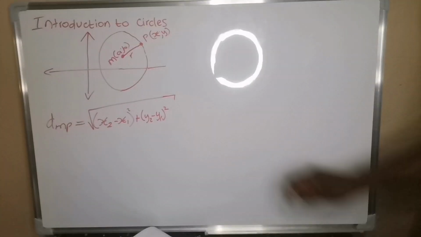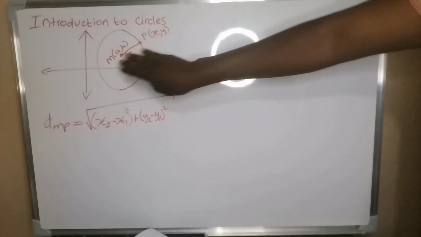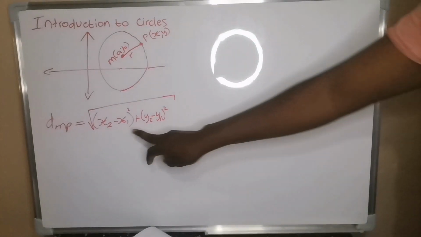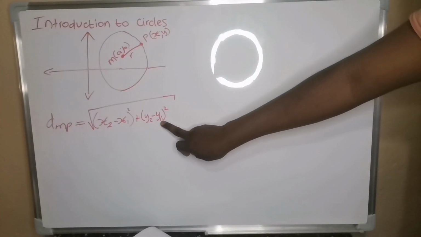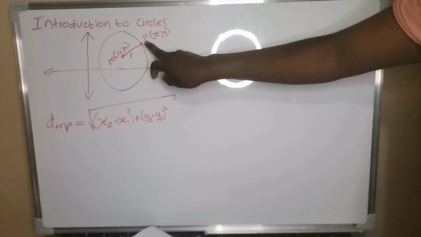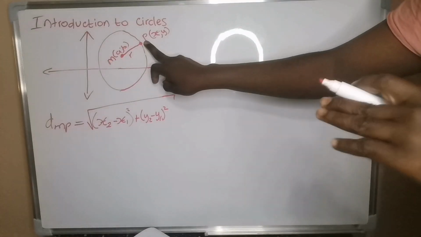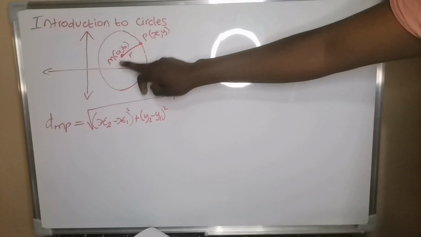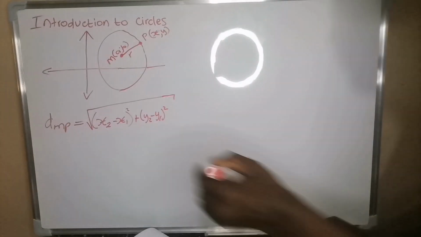Now, our x1 and y1 are the coordinates of our center, and our x2 and y2 are the coordinates of our point on the circumference. Let us substitute what we see on the diagram here.